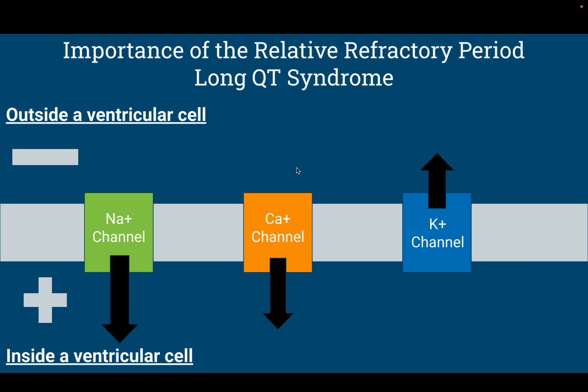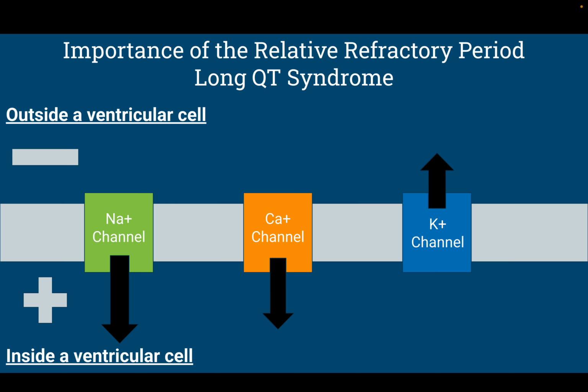And what this does is it allows that threshold to be lowered, and a stimulus to come in early to throw another beat, essentially. So this is going to be in that relative refractory period. Either you just don't have enough potassium or you have too much sodium or calcium, and that allows for extra beats to happen easier.